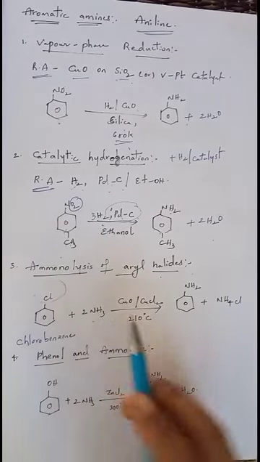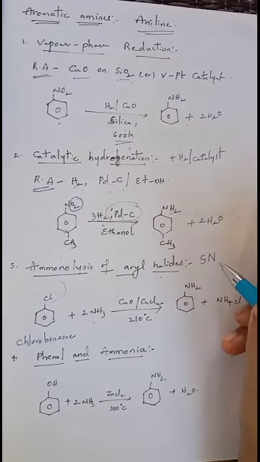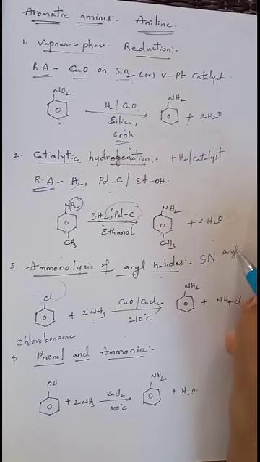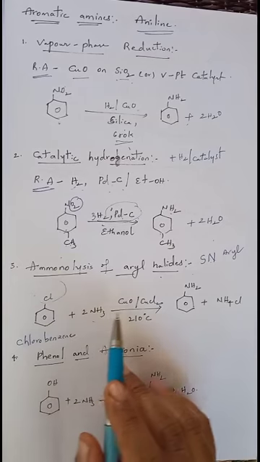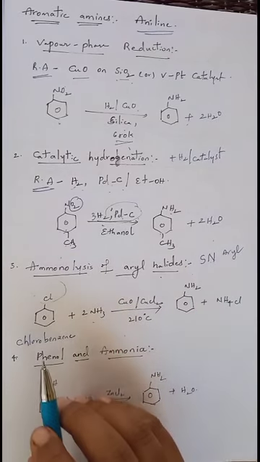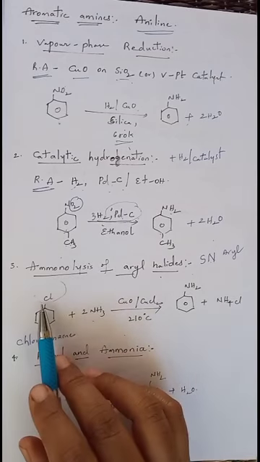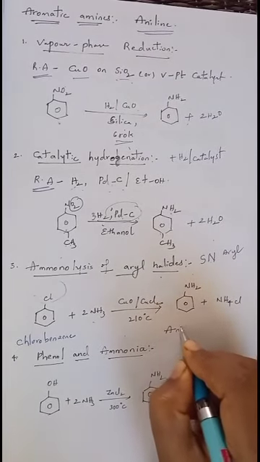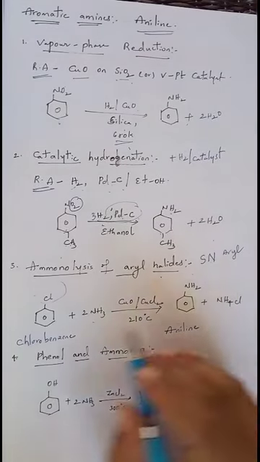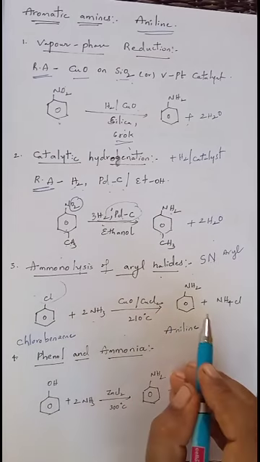A replacement reaction is a substitution reaction, and here the replacement is taking place with a nucleophile. Since the substitution is taking place on an aromatic ring, we call it a nucleophilic aryl substitution reaction. One NH2 group replaces the Cl, converting it into NH2 on benzene, which is called aniline or aromatic amine. One more NH3 and one hydrogen was left, and that NH3 and H together convert to NH4.